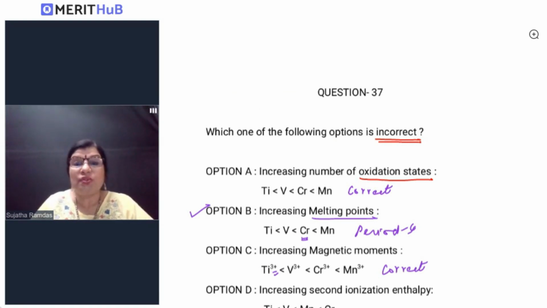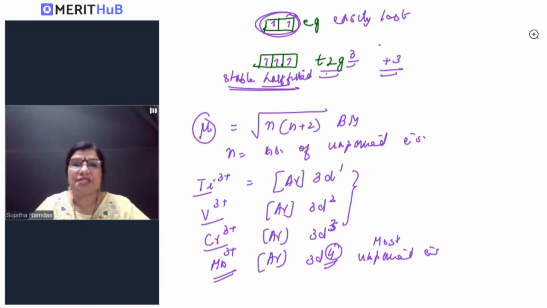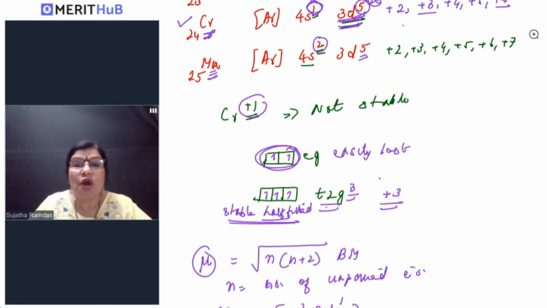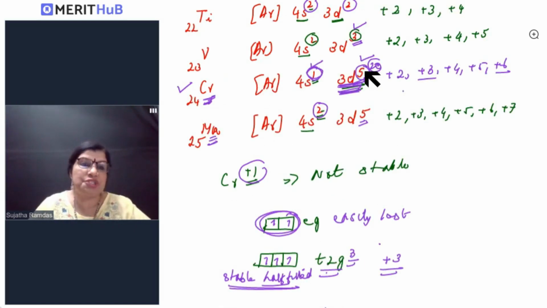Now let's move on to the second ionization enthalpy. It's very evident again from the configurations of these metals from titanium to manganese that in chromium, if the first electron is lost, removing an electron from a 3d subshell becomes very difficult because it is a half-filled stable subshell.